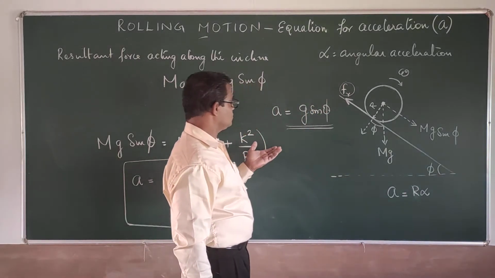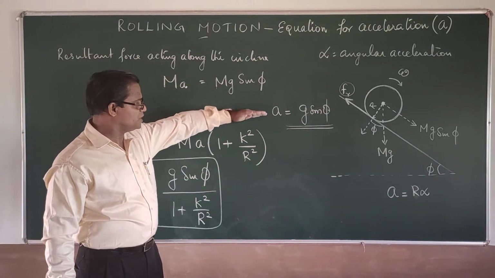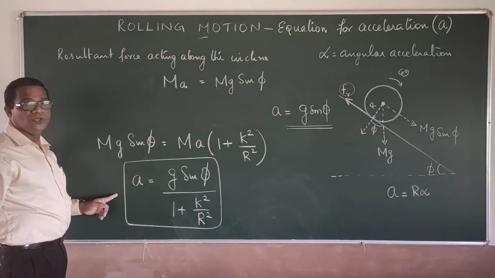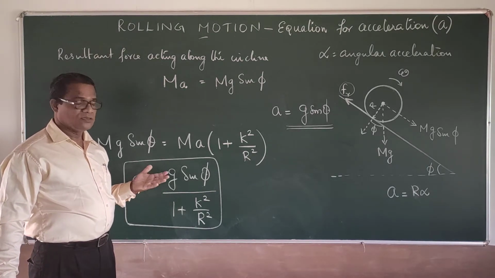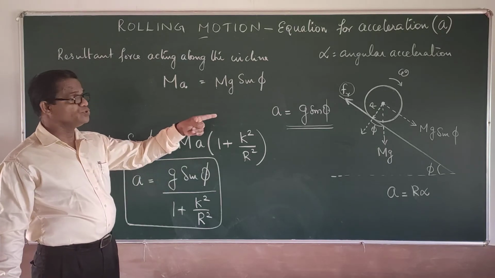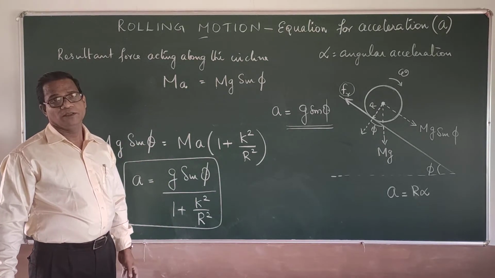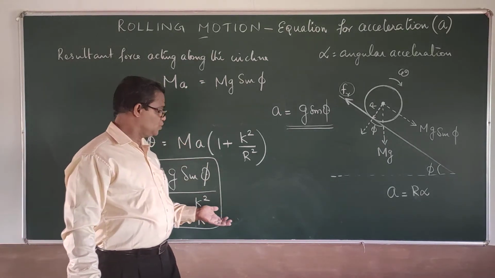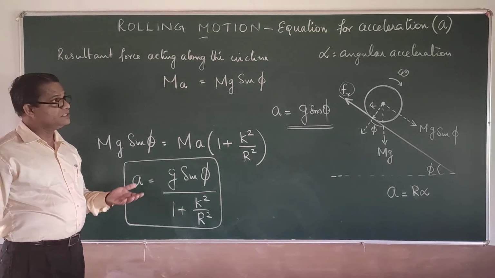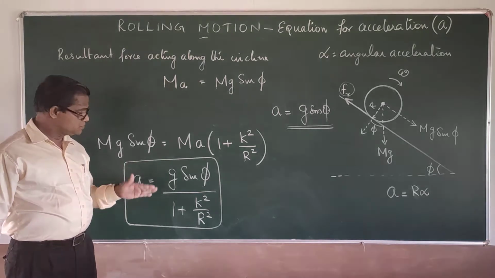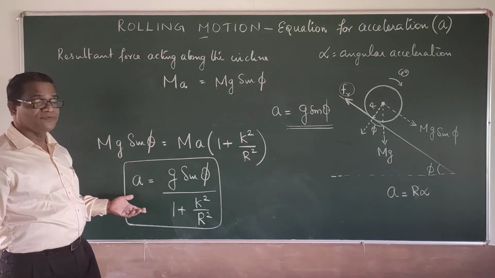Now when you compare that sliding acceleration and rolling acceleration, you can find that the rolling acceleration is smaller compared to the sliding. So sliding motion is faster than rolling motion. This we have already seen in the case of energies. Now we are also getting it in terms of acceleration.